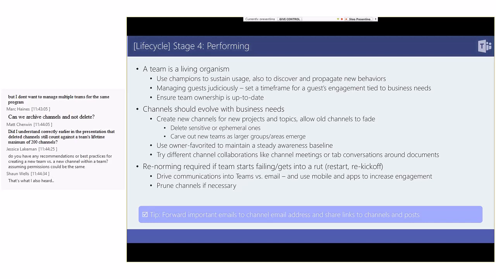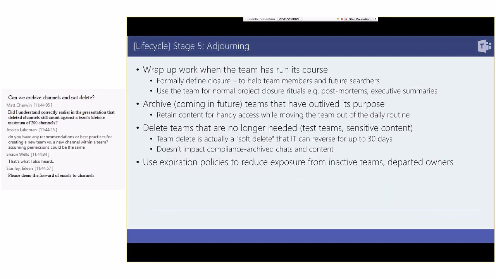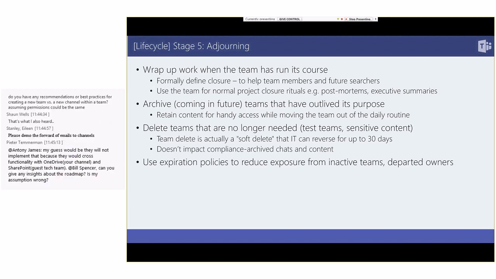So with that, we move on to the last and final stage of the lifecycle examples. This is when the team has run its course. You can have a workflow around how you officially wrap this up, in terms of what the formal closure is, identifying when the team has run its course, and letting everybody know that it has reached a stage where it has outlived its usefulness, and what needs to happen with the next set of collaboration or projects.